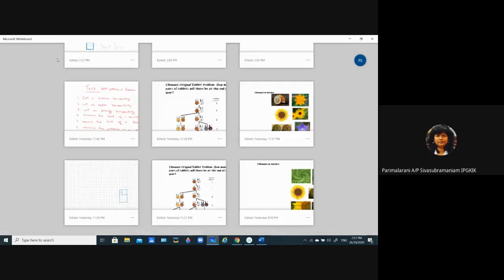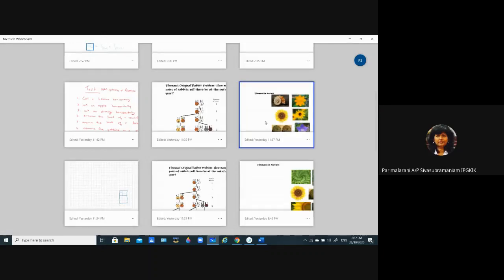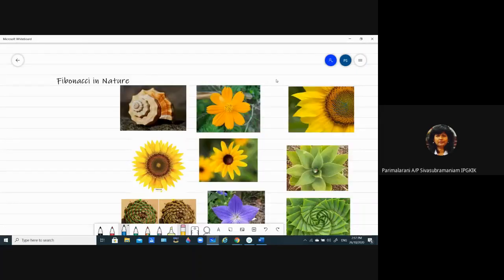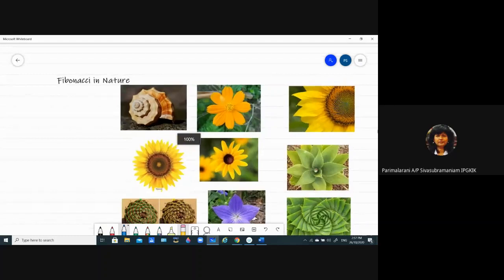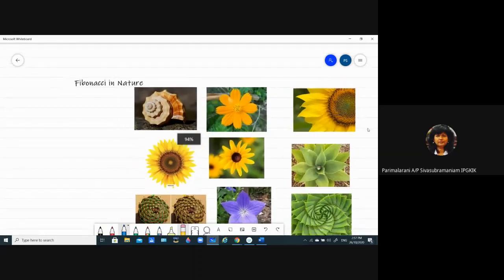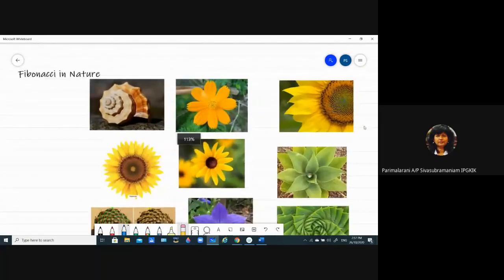Now let's look at Fibonacci numbers in nature. Let's look at this flower first. Let's count the number of petals on this flower. 1, 2, 3, 4, 5, 6, 7, 8.